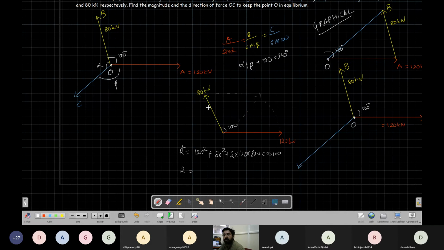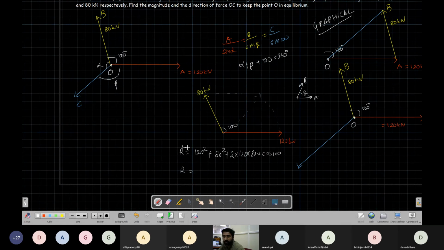Okay. And then if there are two forces separated by angle theta, then the resultant is given by a square plus b square plus 2ab cos theta, which is equal to R square. We have already seen this. So with this we can get the magnitude of the resultant. So what is the value of R?